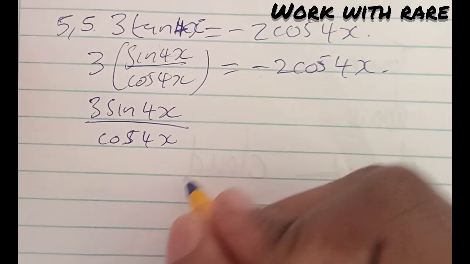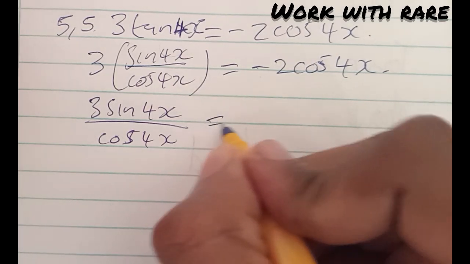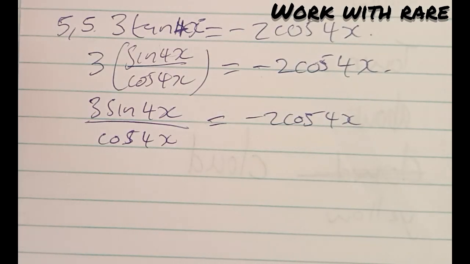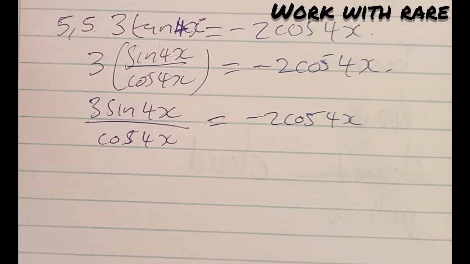And here we have negative cos 4x. The next step, I will multiply both sides by cos 4x.